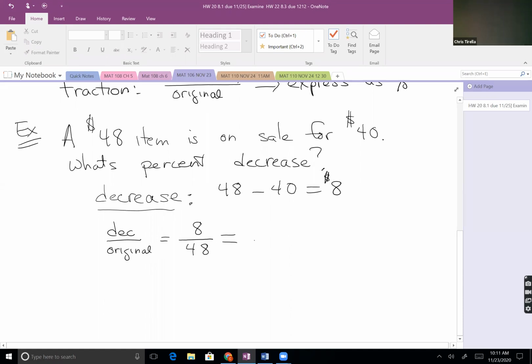As a decimal, that's 0.166666. To change it to a percent, it would be 16.6 repeating percent. Or if we're asked to round to the nearest tenth, it'll be 16.7%.